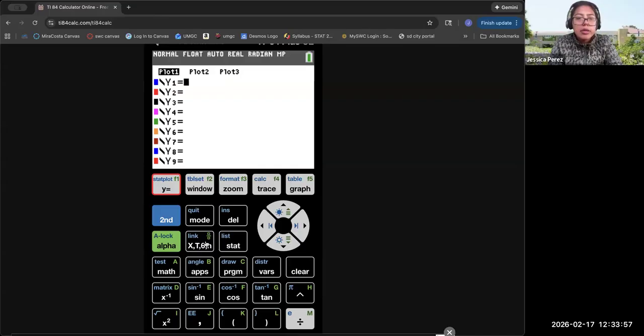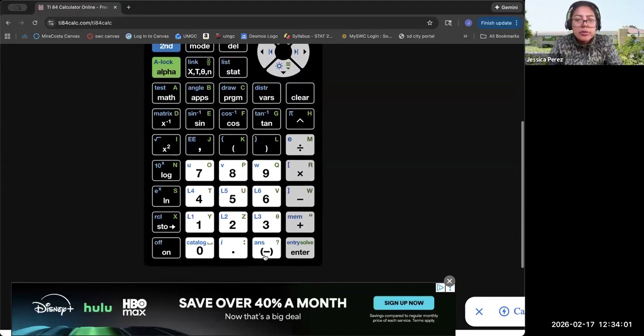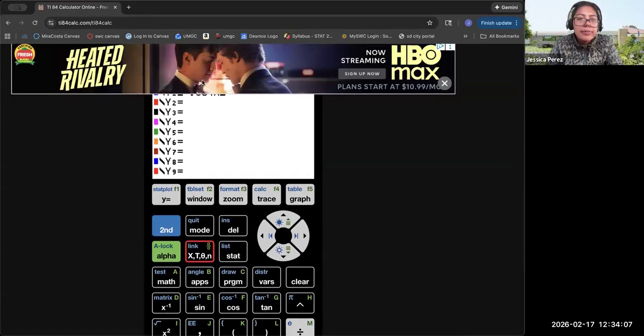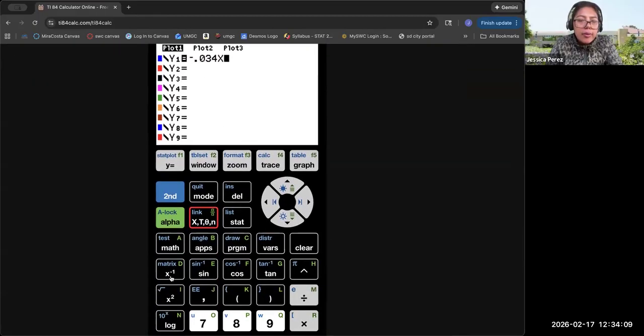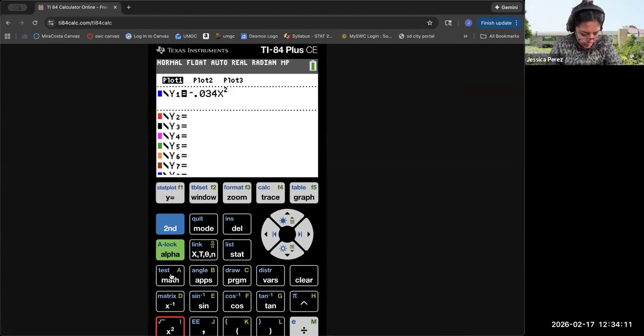So you're going to type negative 0.034x, and again, I'm going to use my cursors here. So it's a negative 0.034x. So there's my x value, and then I want that to be squared.